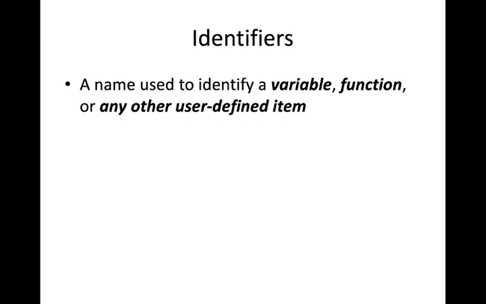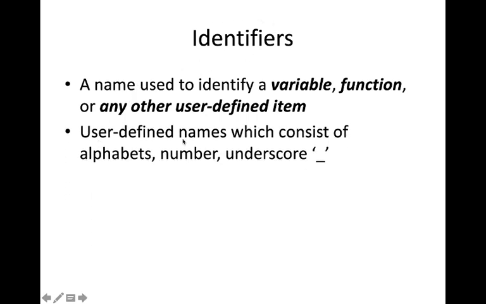Similarly, we need to identify a variable, which we'll see in the next lecture, or a function, which we'll see later, or any other user-defined items. For all those things we need a name, and that is known as an identifier. Identifiers are user-defined names which consist of alphabets, numbers, and the underscore.